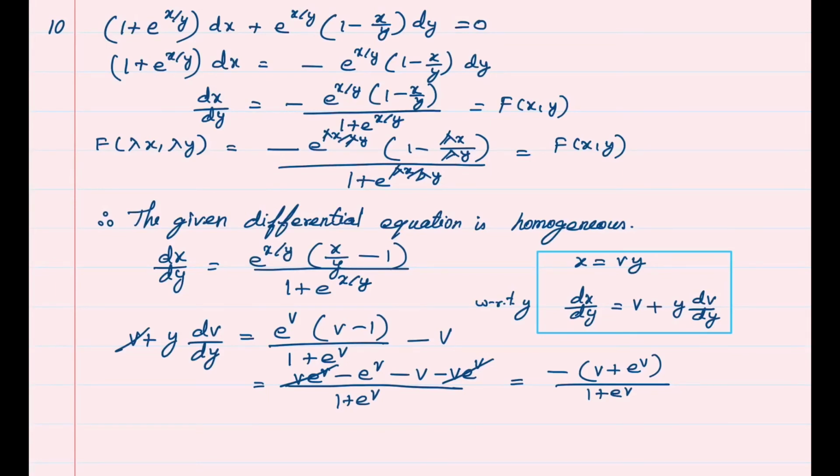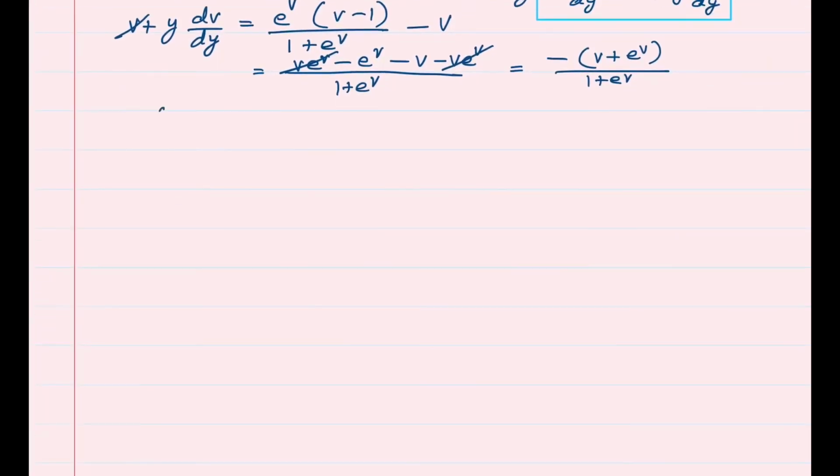We will separate the variables. Integral 1 plus e power v divided by v plus e power v dv is equal to, keeping the minus sign on the right hand side, we get integral dy by y.